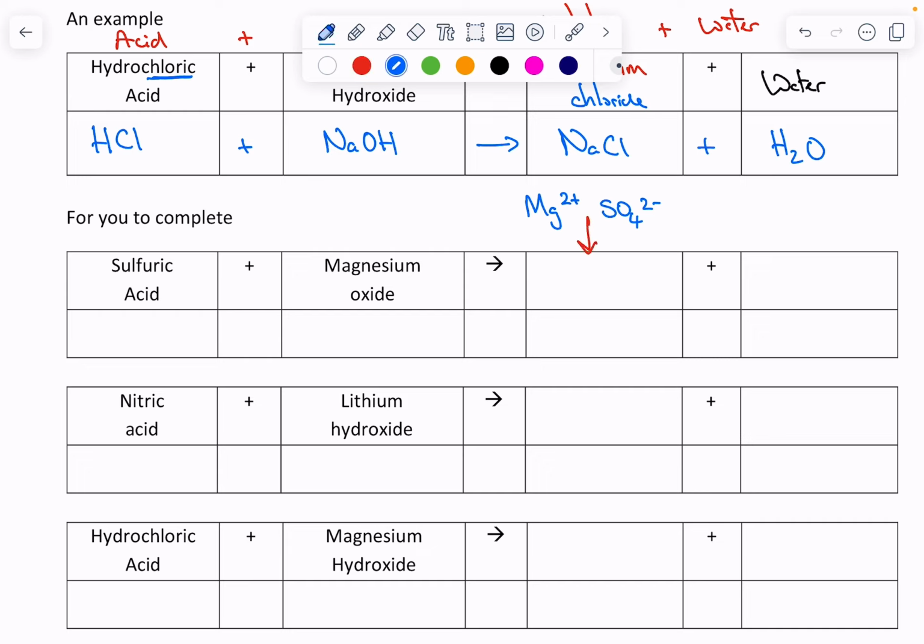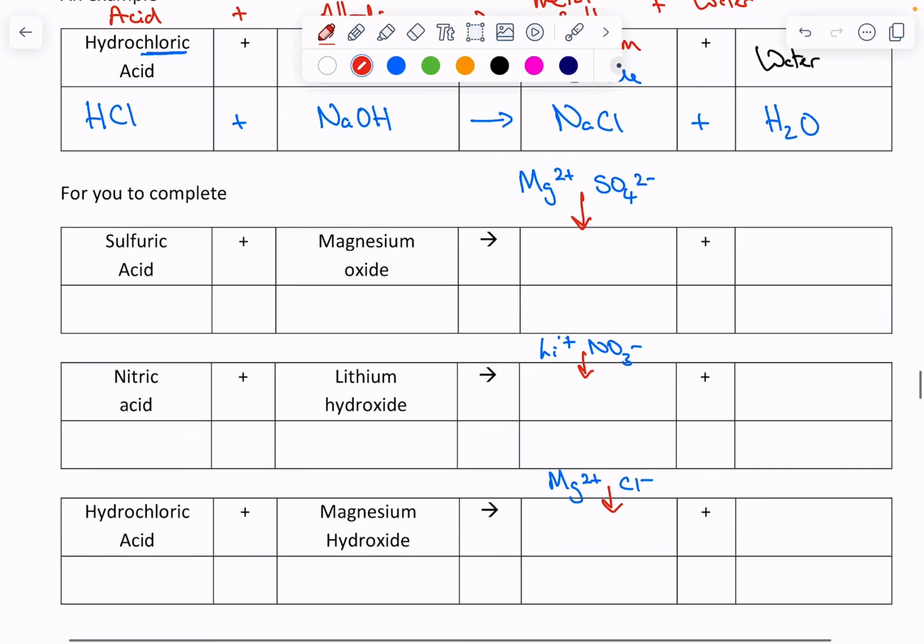This one here is going to be Li+ and NO3-. So to work this one out, you need that information. And the bottom one is Mg2+ and Cl-. Again, use that information to work out the formula and the name for this salt.